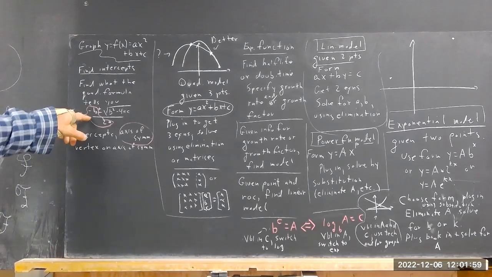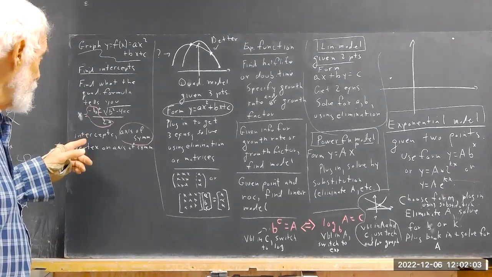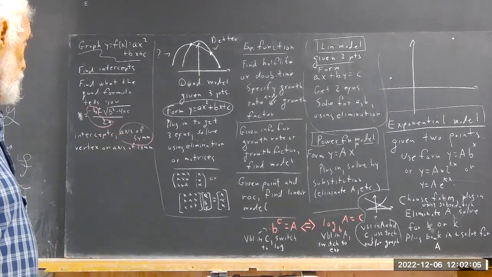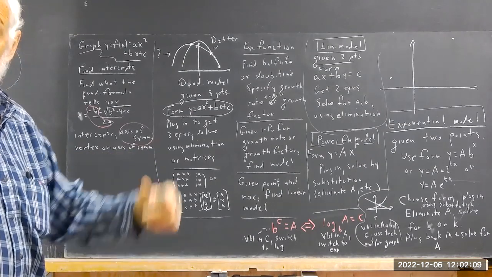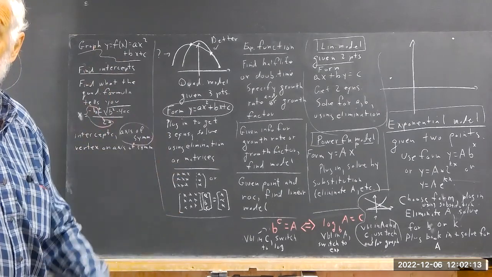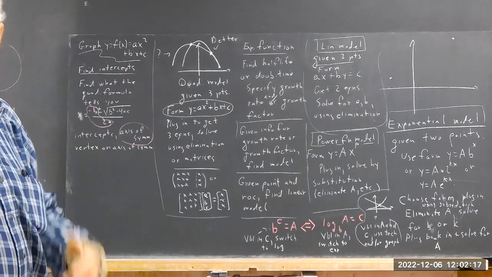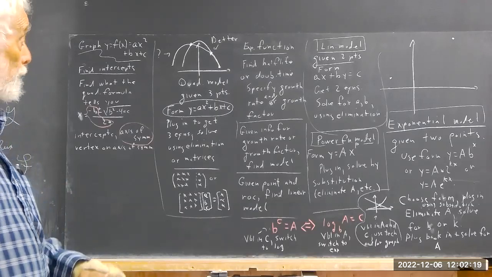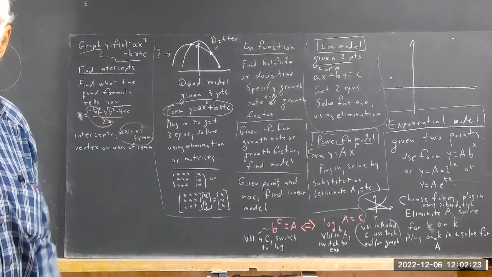There's only one formula you really need. You have the intercepts, you have the axis of symmetry. The vertex is on the axis of symmetry, which means you know its x coordinate. This x equals negative b over 2a is the vertical line that constitutes your axis of symmetry. You plug that value of x into the function and you get the y value, and now you get the vertex.